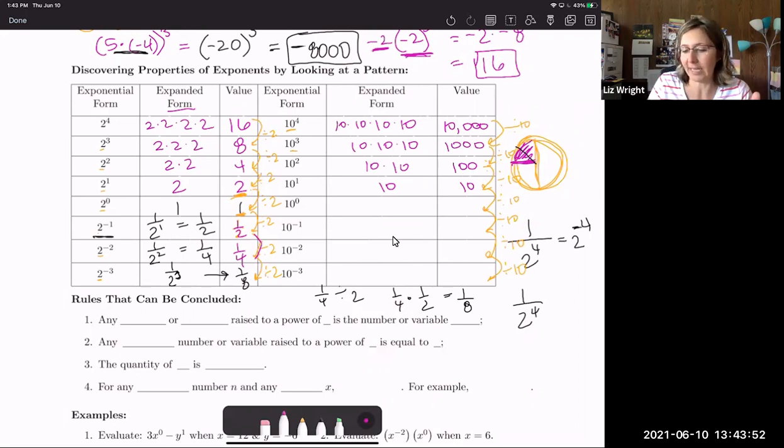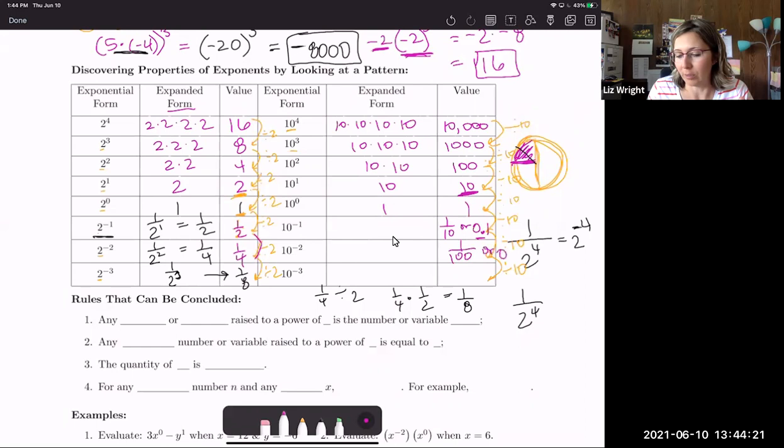So if I take 10 here and I divide it by 10, that's going to give me 1, which is what 10 to the 0 is. And then if I take 1 and I divide it by 10, that's going to give me 1/10 or 0.1, right? If I take 1/10 and I divide it by 10, or I take this decimal form and move it 1 place to the left again, that's 1/100th.